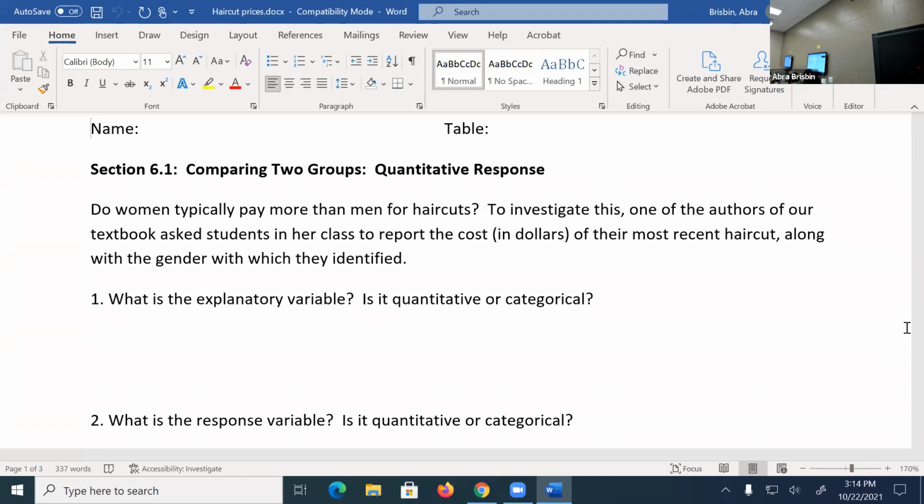What should we talk about? You were saying it's slightly right skewed. It makes sense because you have more hair, or it depends on the style quality.